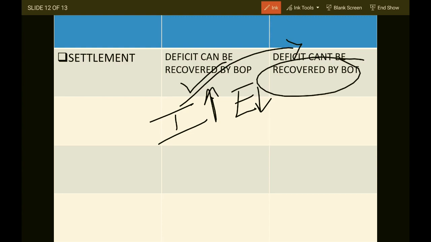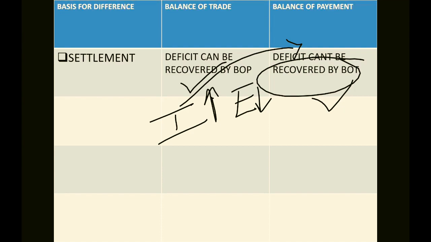Whereas if balance of payment is going on a deficit, it cannot be handled by balance of trade. It's very difficult because the scope is wide and it includes balance of trade. But balance of trade deficit can be handled by balance of payment, very important point.